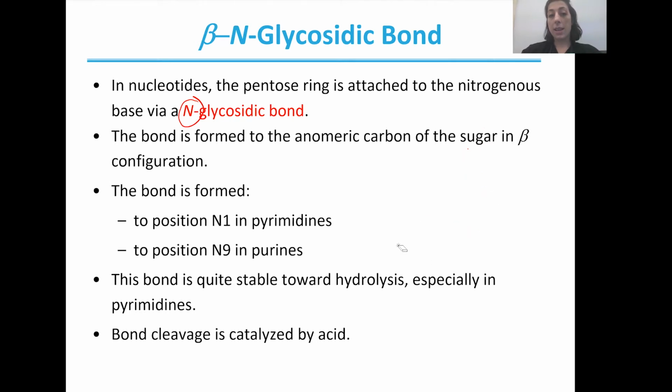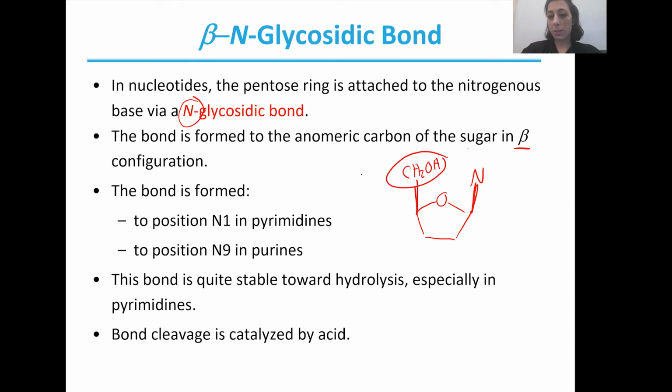As I also said, this bond is configured in a way to make it a beta configuration. And remember, that means that on the sugar itself, the bond on the anomeric carbon, this N-glycosidic bond, is on the same side as that CH2OH group.